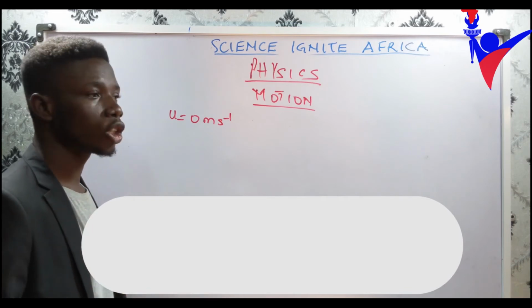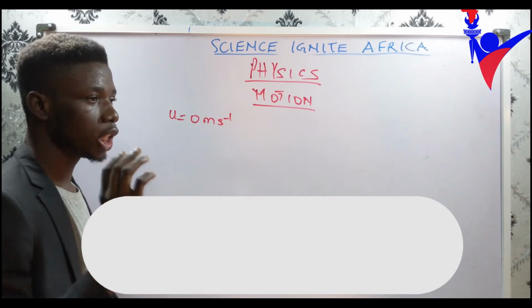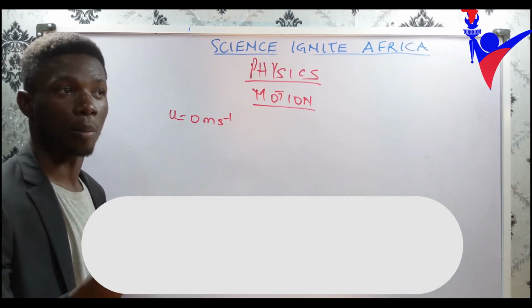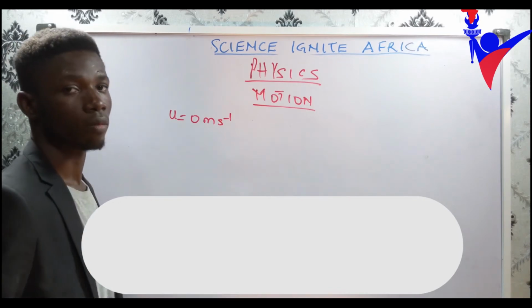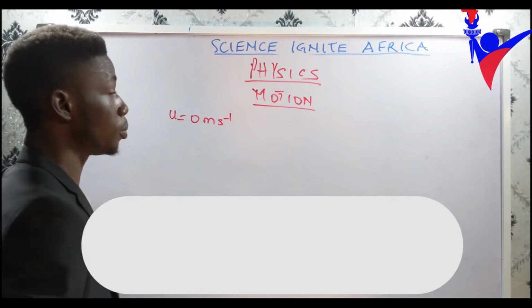Don't worry, most of the questions you'll be facing in WAEC, JAM and the likes will all be on uniformly accelerated motion. Even projectile motion, which is not a uniformly accelerated motion, is modeled to be uniformly accelerated motion. So let's continue with the question.